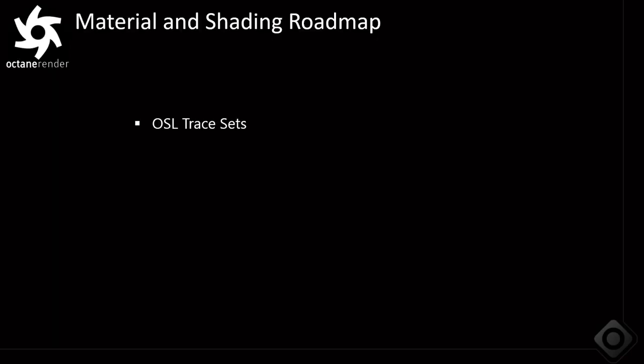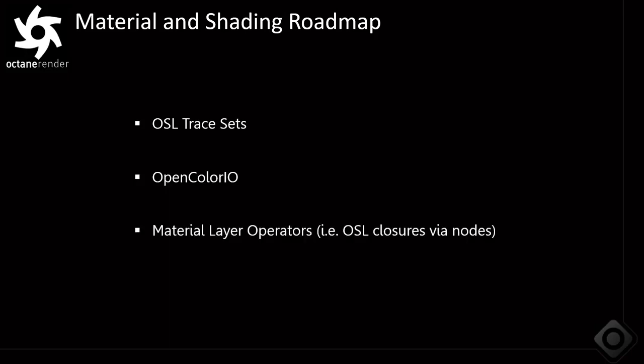So on the material roadmap, we also have other things that we're looking to support. OSL trace sets, which again, like OSL tracing in general, the trace function is not currently enabled, but we want to add support for that and do that across the board. Open Color I/O is a work in progress and will be coming up fairly soon. That'll also help with ASIS support. And material layer composition.